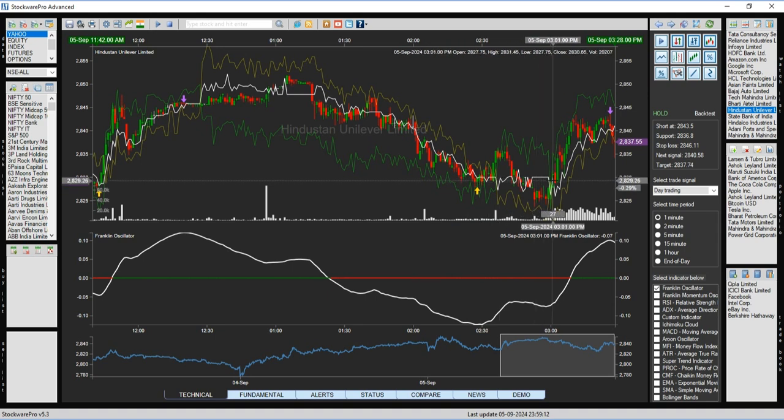Here you can see the stop loss trying to move away from the price. Basically it is telling you that if you have entered a buy trade, continue to hold this position.